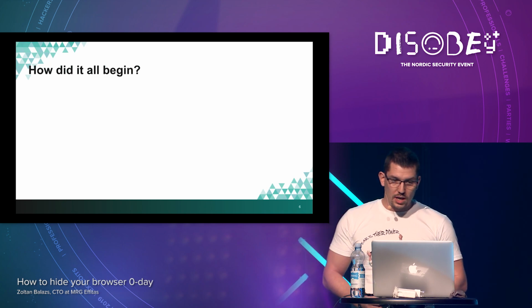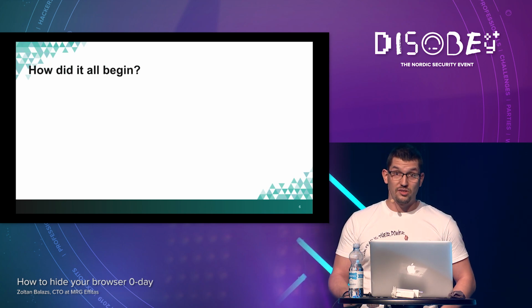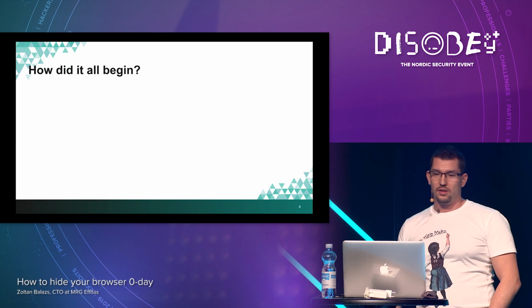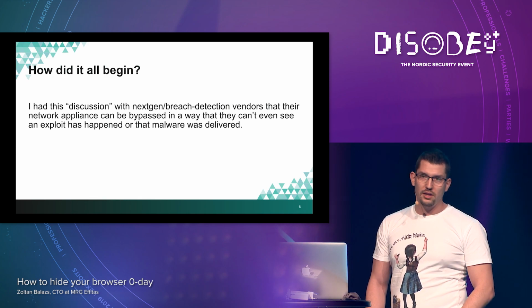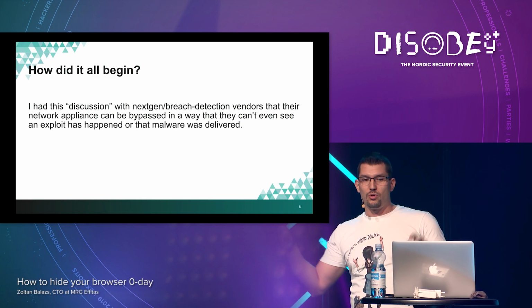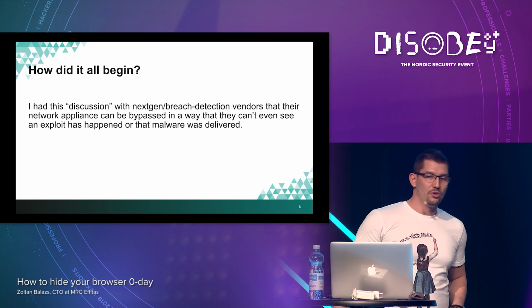All right, so let's start with how did this story begin? Because I believe every research project has a story. So I had a discussion with some of these next generation or breach detection vendors.